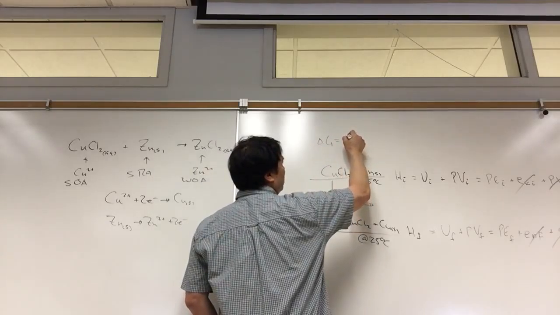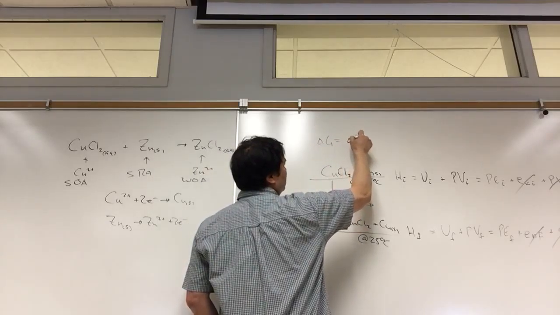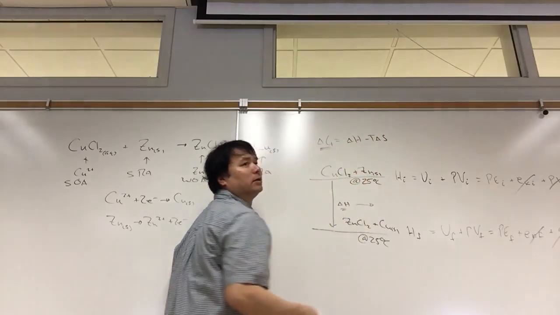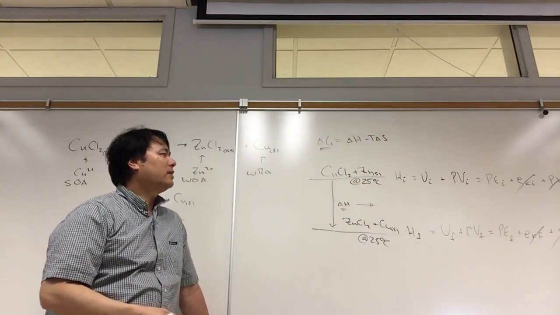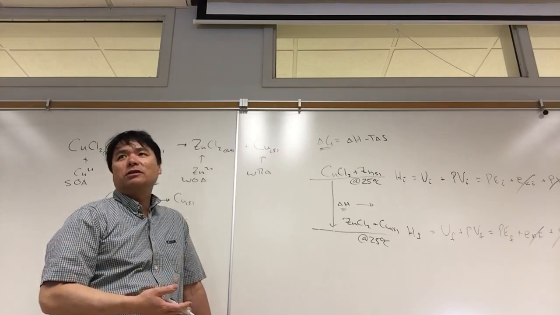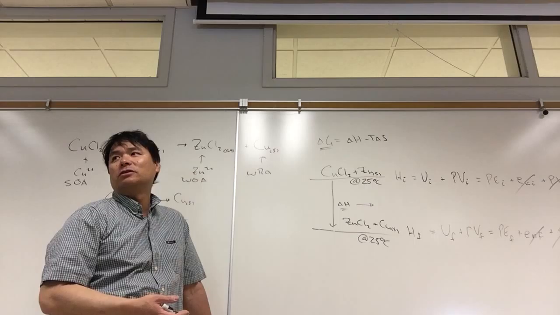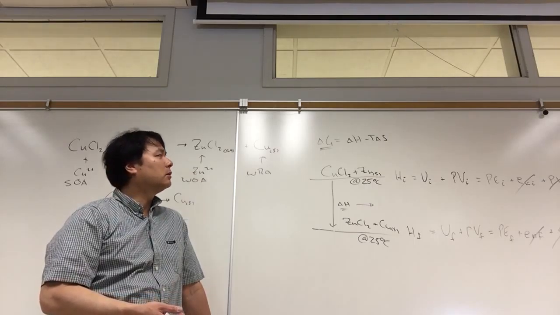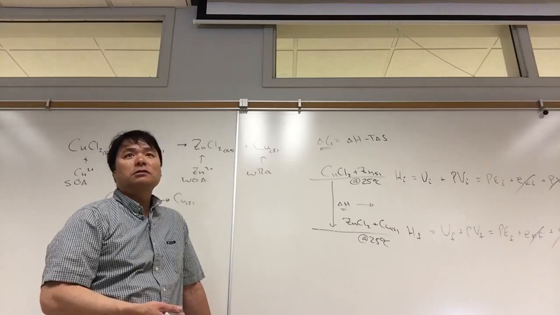So delta G is going to equal delta H minus T delta S. And so this is what we're going to look for. They call it the free energy because this is going to be the freely usable energy. This is what we can use to convert into electricity. And so from now on, you're going to be looking for delta G's.